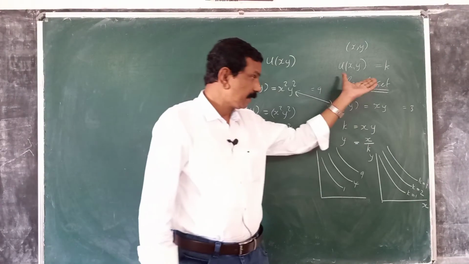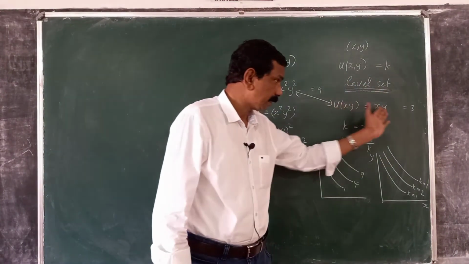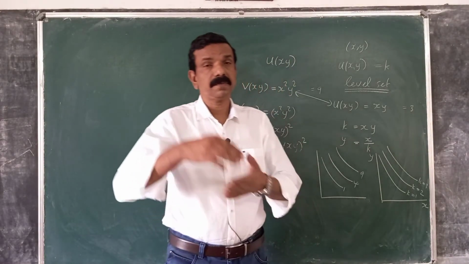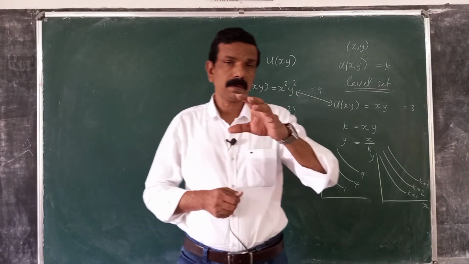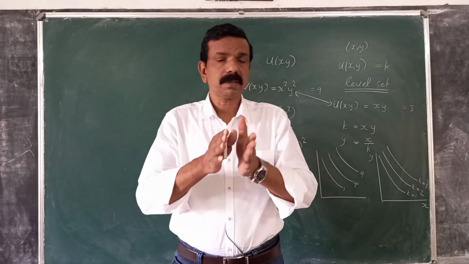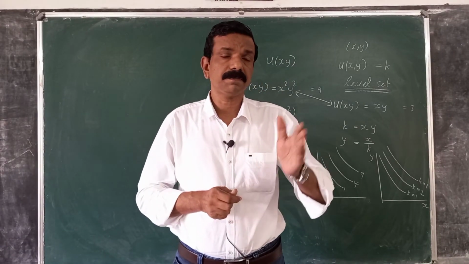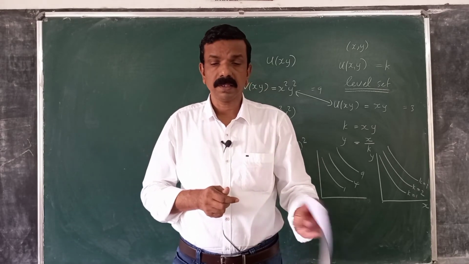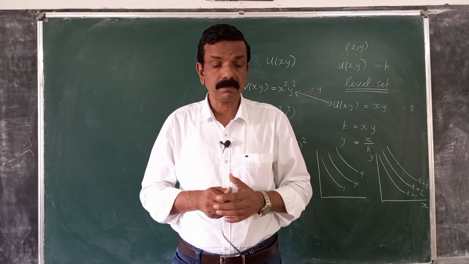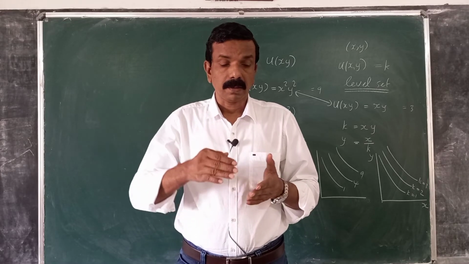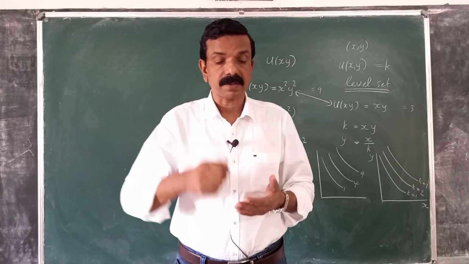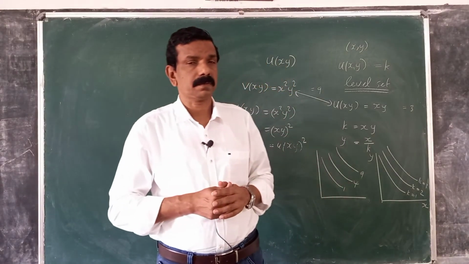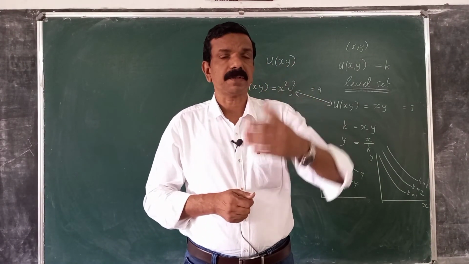So if a utility function is given like this, we can always derive the corresponding indifference curves. But remember also this, indifference curves can be derived if preferences are given. That is, you can associate a specific indifference curve to a specific preference.